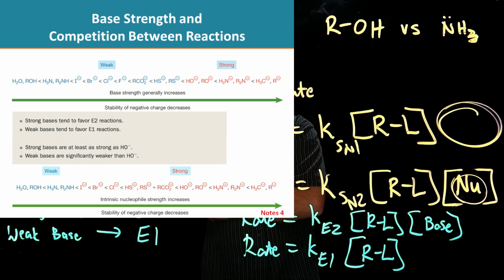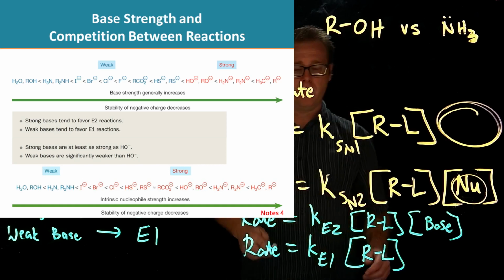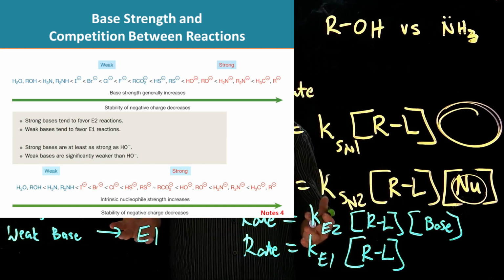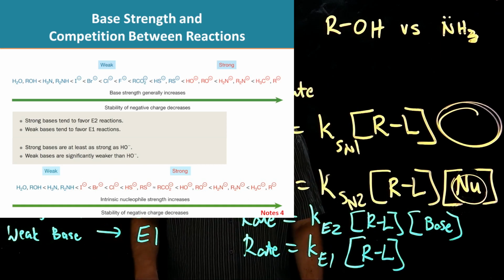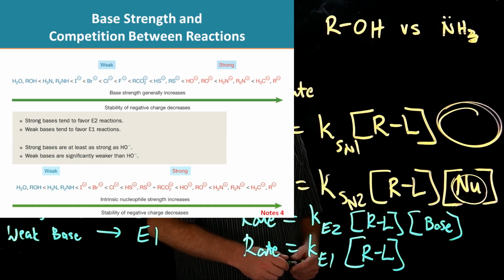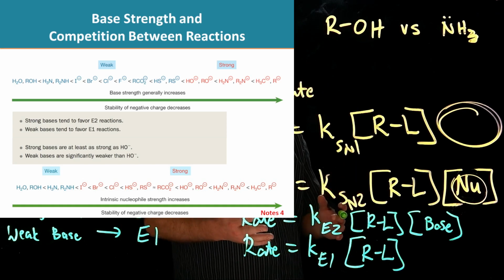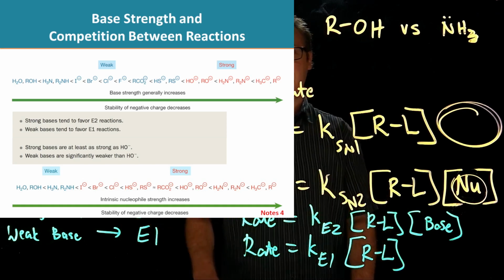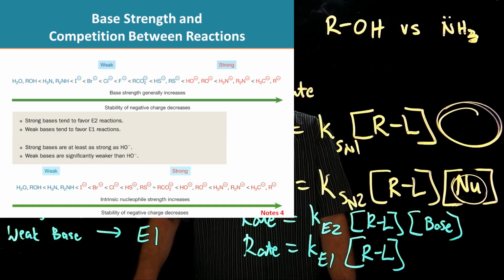And so we have to be careful about that, because when we talk about electron-rich attacking species, you could fall into the trap of thinking that, oh, it's electron-rich, so it is automatically a strong nucleophile and strong base.